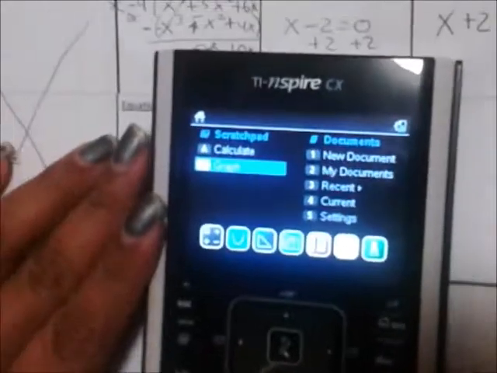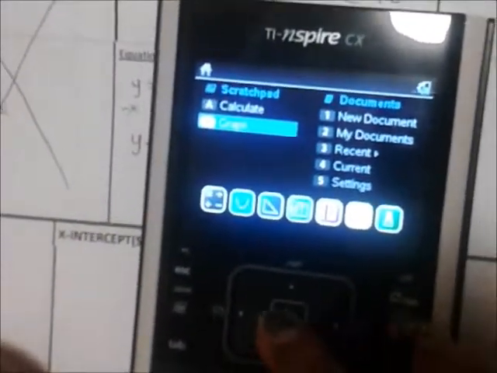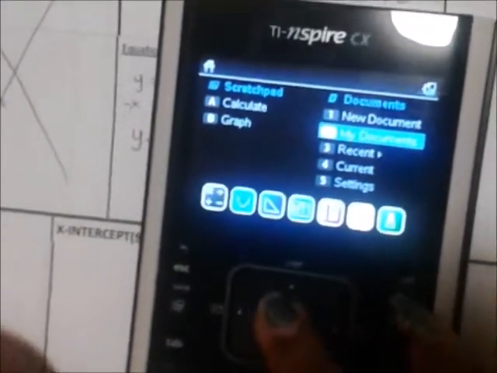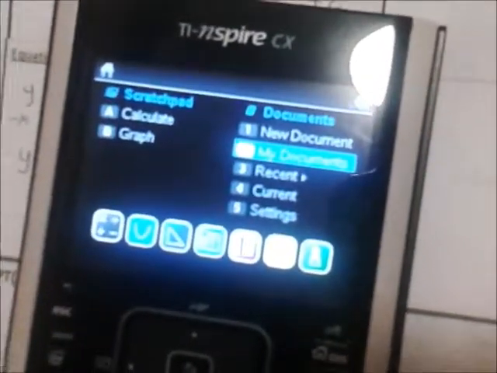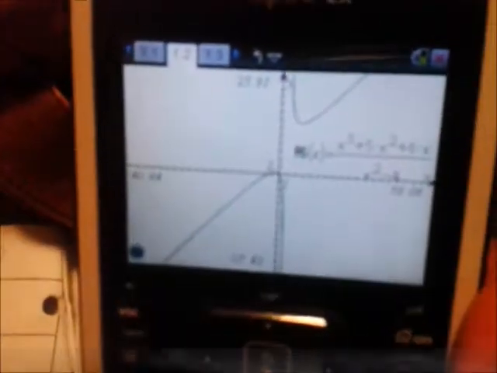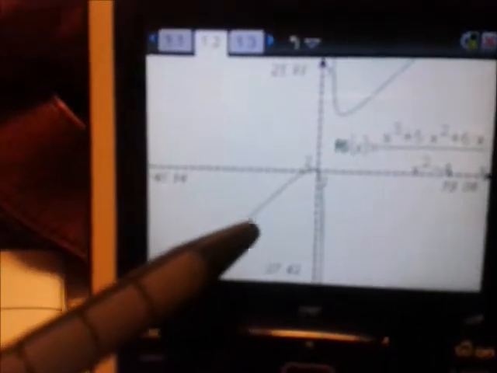What I did here was, my calculator is probably different from yours, but I went onto my documents since I already got this problem down. On this graph, you see that it also goes by 2s on my calculator.